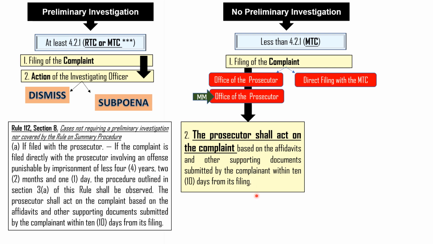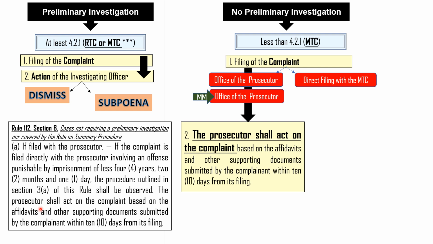Where did we get this? If you're going to read your Section 8, Rule 112, if the complaint is filed directly with the prosecutor involving an offense punishable by imprisonment of less than 4 years, 2 months, and 1 day, the procedure that is outlined in Section 3A of this rule shall be observed.